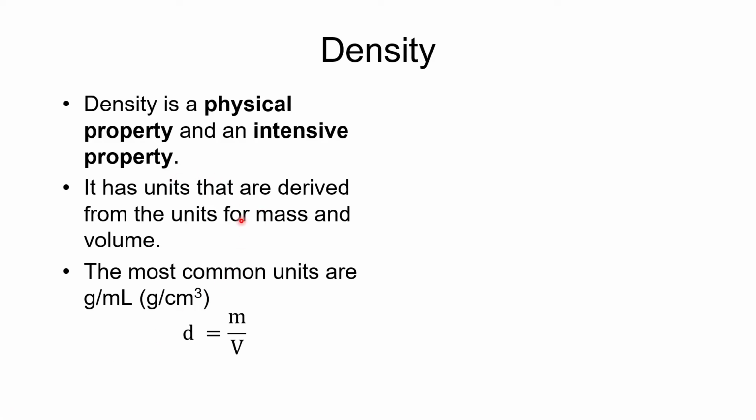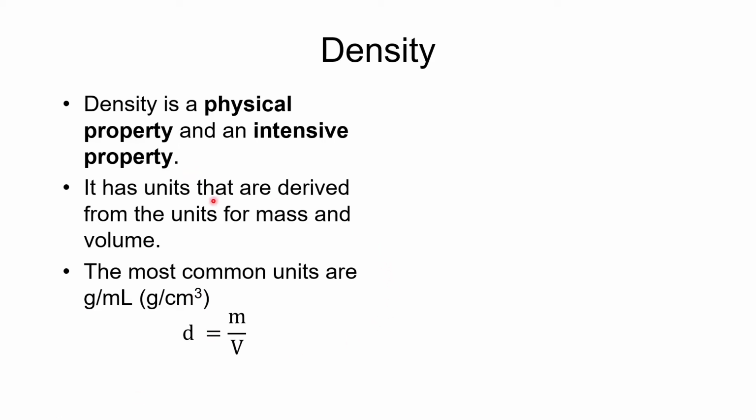The units are derived from mass and volume. The most commonly used units are either grams per milliliter or grams per cubic centimeter. Those are going to be the same. But you'll also sometimes see kilograms per liter, and that's actually going to give you the same number, which is kind of cool. But grams per milliliter or grams per cubic centimeter are the most common ways.